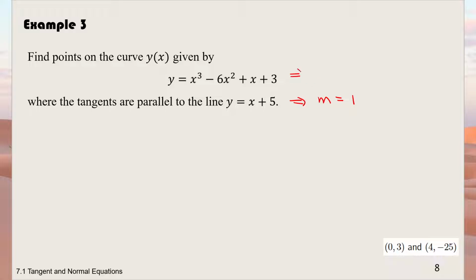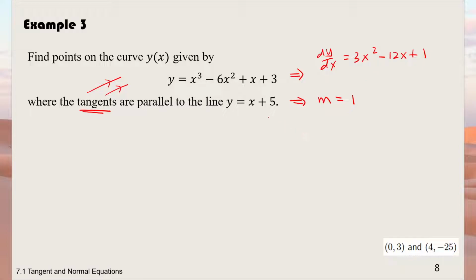So over here it gives me the same information, because the tangents are parallel. When they are parallel, they share the same gradient. So over here, dy dx equals 3x squared minus 12x plus 1.